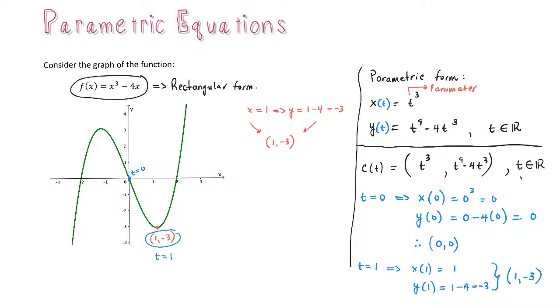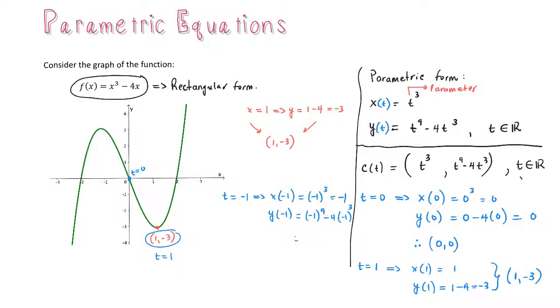In the same way, we can choose negative numbers. So let's say negative 1. When t is equal to negative 1, the x value, x of negative 1, will be negative 1 to the third, that will be negative 1. And then y of negative 1 will be negative 1 to the ninth minus 4 times negative 1 to the third.